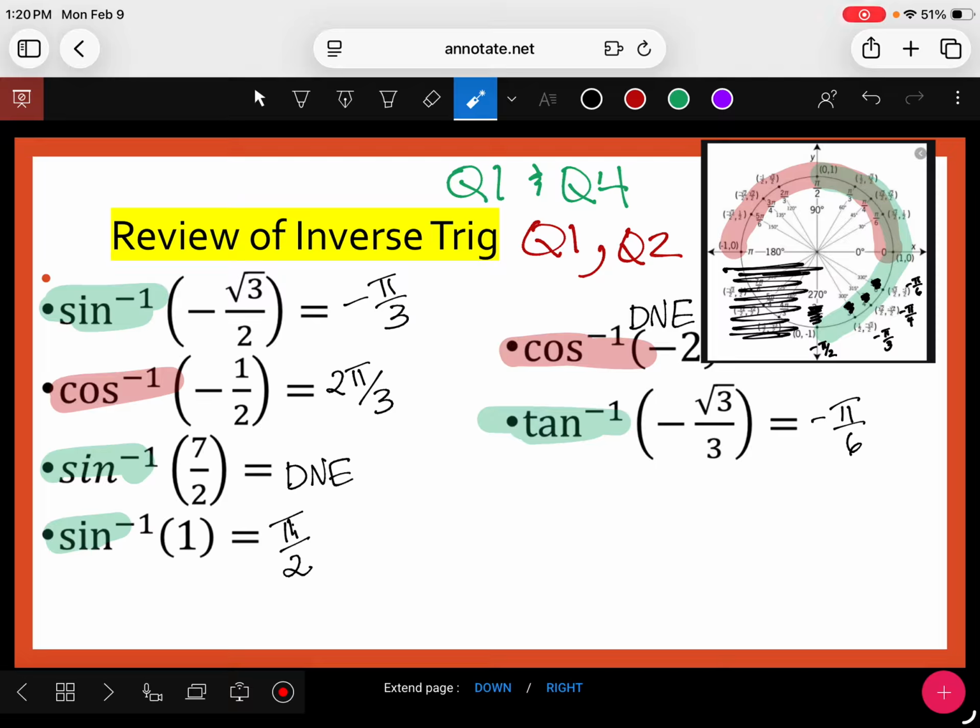So I know, without doing my keep, change, flip, that it's going to be these two angles. I know that pi over 6 and negative pi over 6 have a tangent of root 3 over 3 or negative root 3 over 3. And positive pi over 3 and negative pi over 3 has a tangent of plus or minus square root of 3.